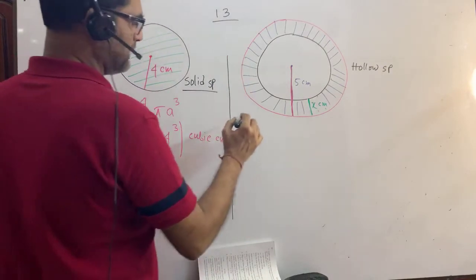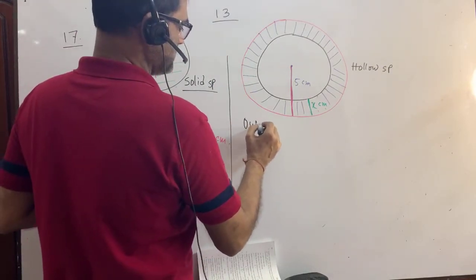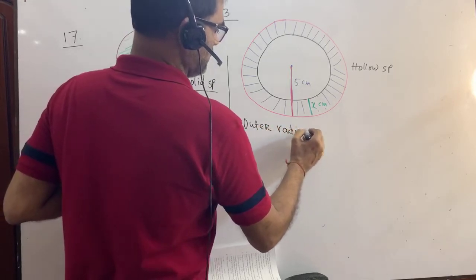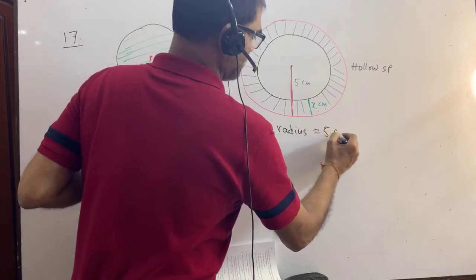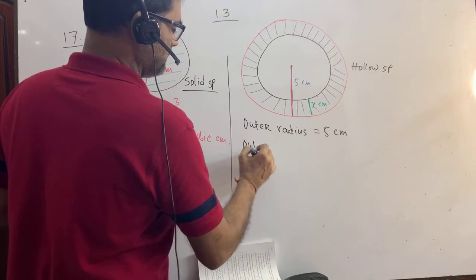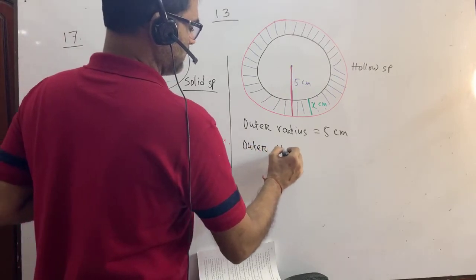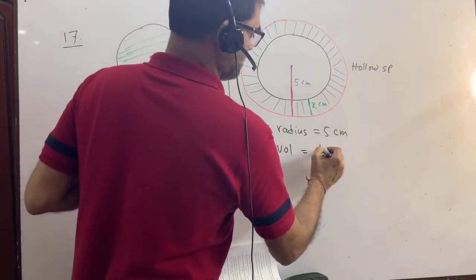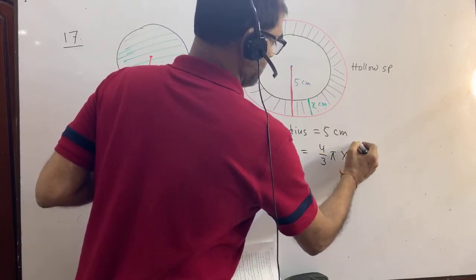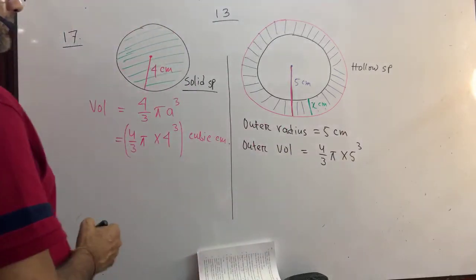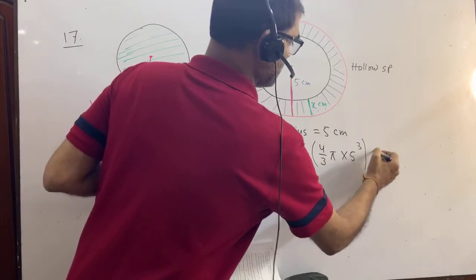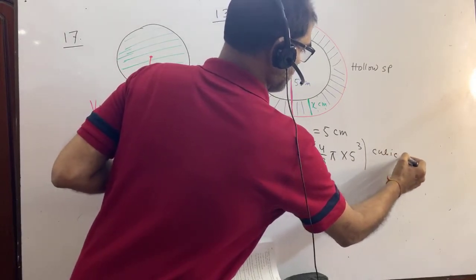For hollow sphere, outer radius is equal to 5 centimeter. Very good. Outer volume equals 4 by 3 pi into 5 cube, cubic centimeter.